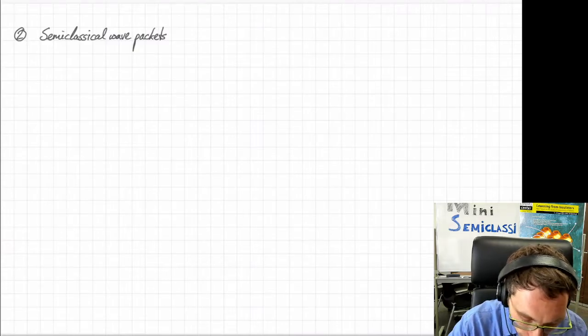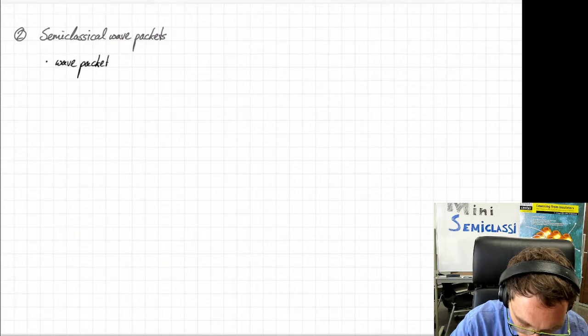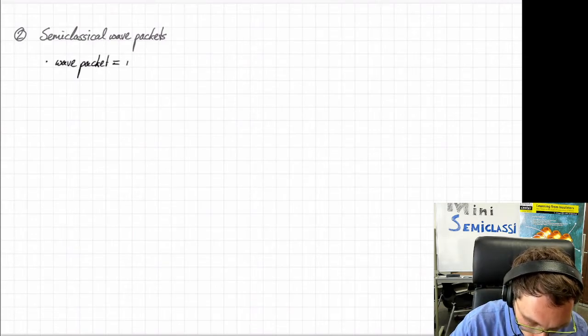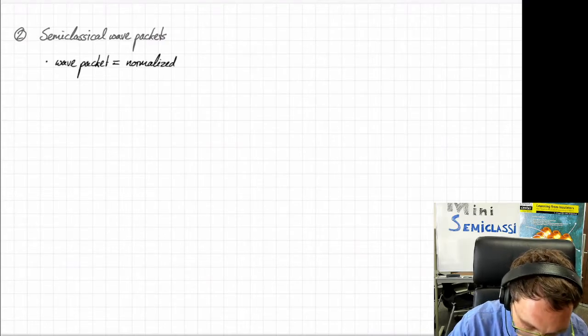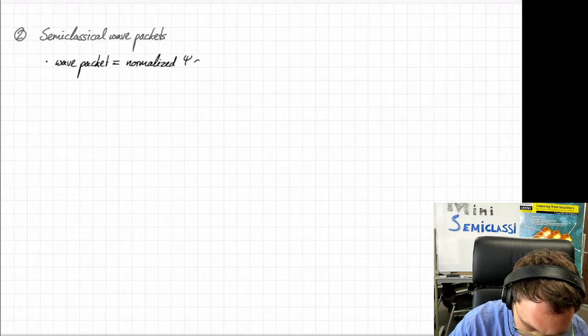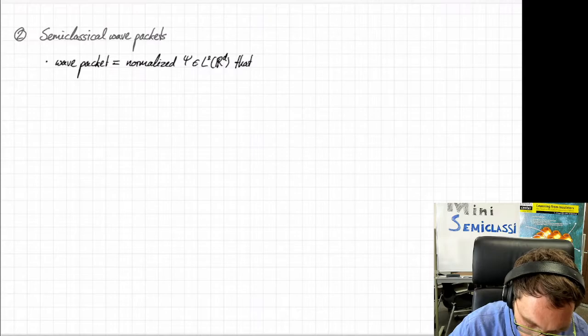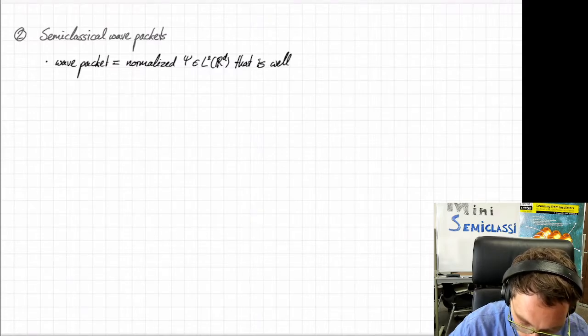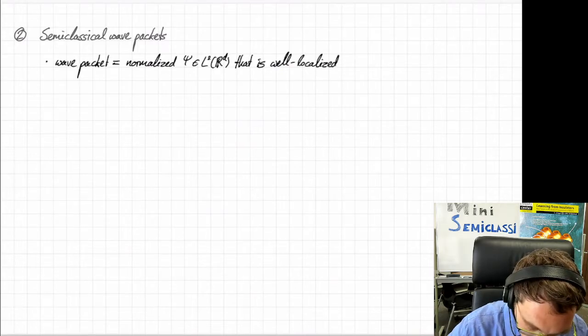So first of all, let me clarify what a wave packet is. A wave packet is a normalized element of your Hilbert space that is well localized in position and momentum space.